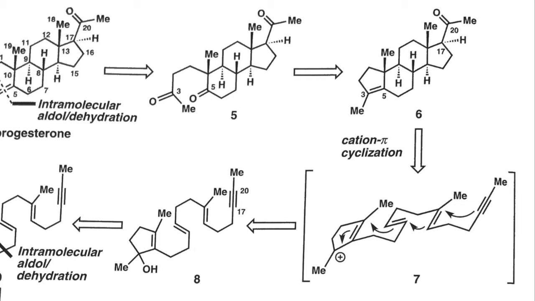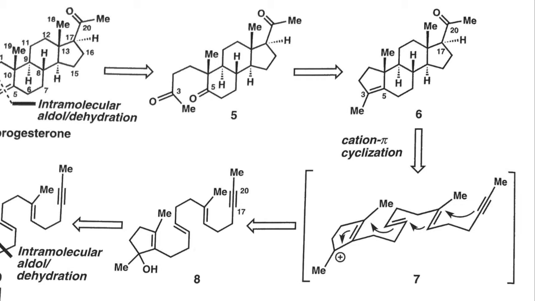That would be converting molecule 8, which is a polyunsaturated monocyclic compound that only has 1 stereocenter, with all of these ring closures that you see using the arrows in 7, we can create our scaffold of the 4 fused rings in molecule 6. So this is a cationic pi cyclization reaction.